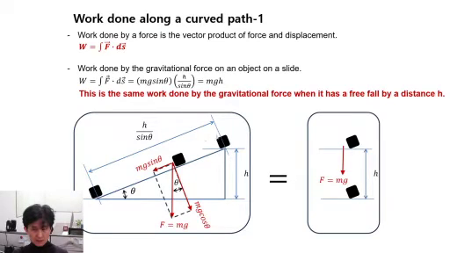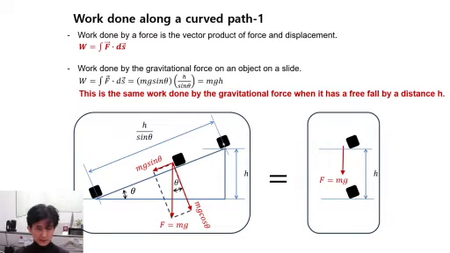So regardless of the moving path from one point to the other, if the height difference is the same, it produces the same work, or the same kinetic energy for the object. That's the result for the work by the gravitational force.